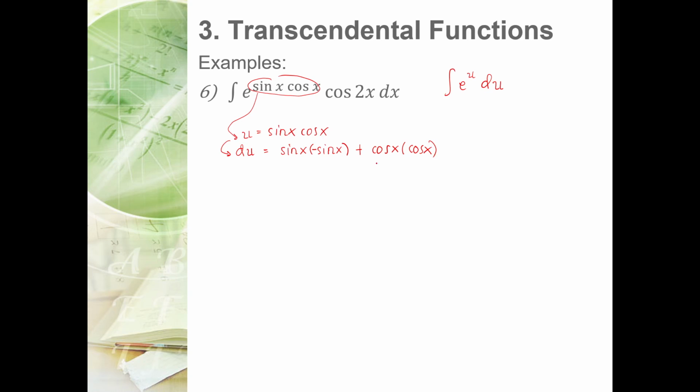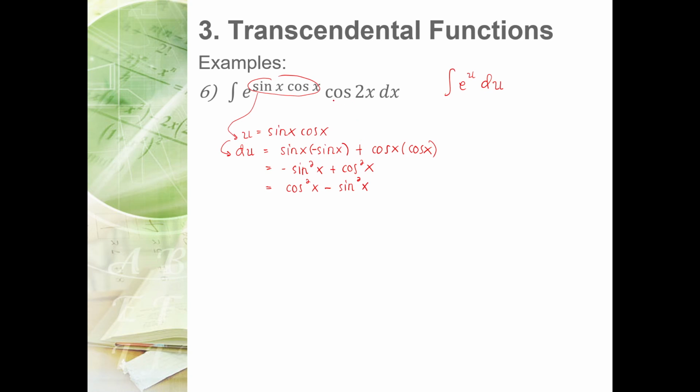Okay, so that's negative sine squared x plus cosine squared x. To rearrange it so that the negative sign is on the second term, we have cosine squared x minus sine squared x.